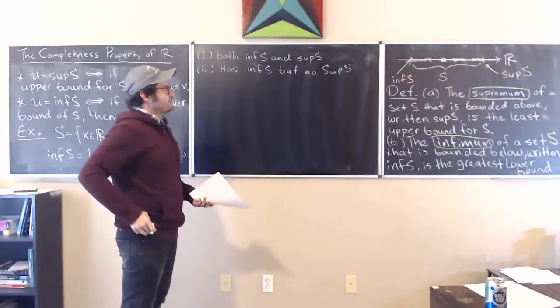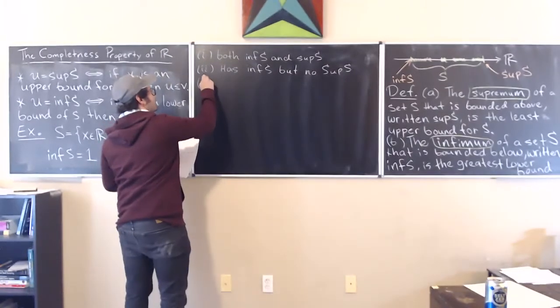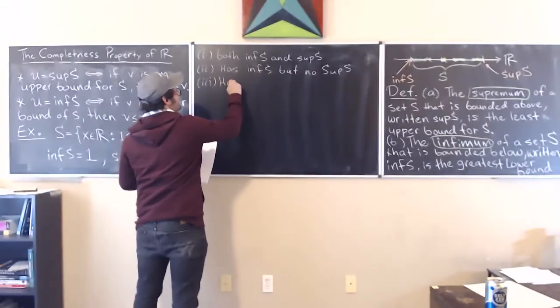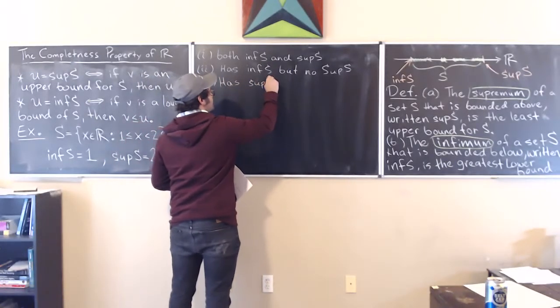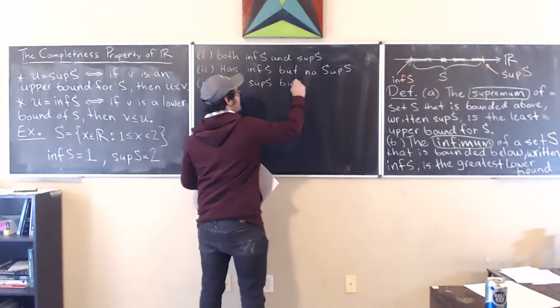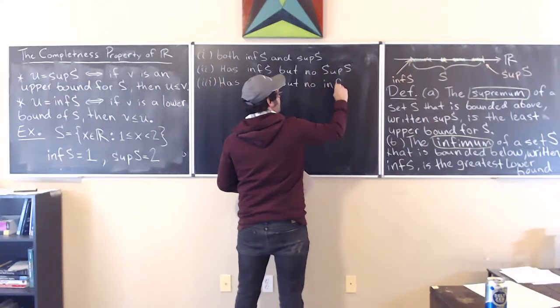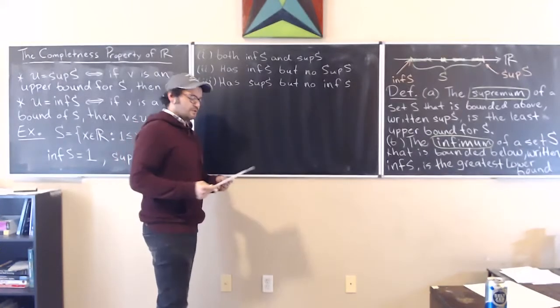So that would be the case if you have a set that's bounded from below. Another possibility would be has a supremum but doesn't have an infimum. So this would be a case where the set is bounded from above but not from below.